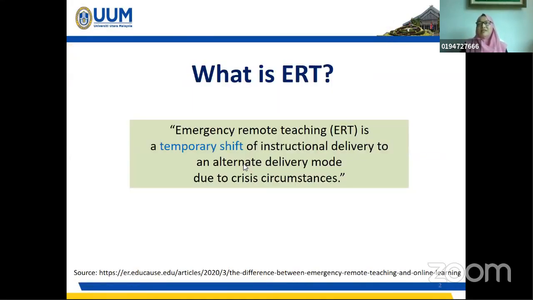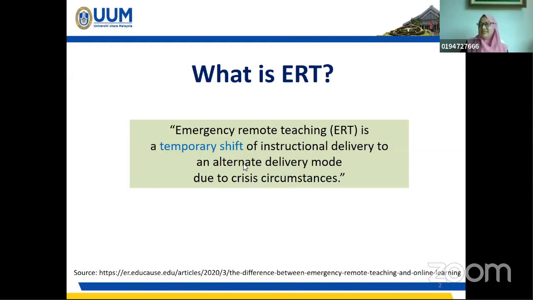We have to accept the fact, the new normal, the ERT. By the way, a friend of mine called me, is it economy rumah tangga, home economics, ERT? Because, well, those who went to school in the 70s, 80s, ERT means economy rumah tangga, right? Or home economics. But today, ERT is emergency remote teaching. Before we go on to the next slide, you need to understand what we mean by ERT. Prof mentioned many times in your presentation before, it's a temporary shift of instructional delivery.